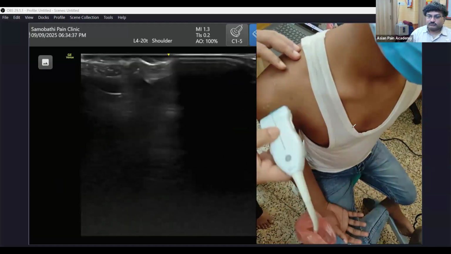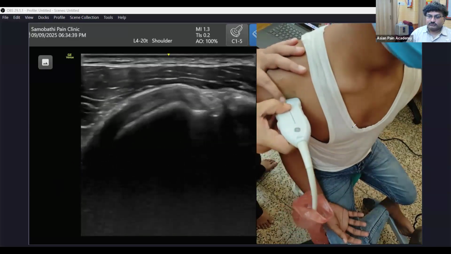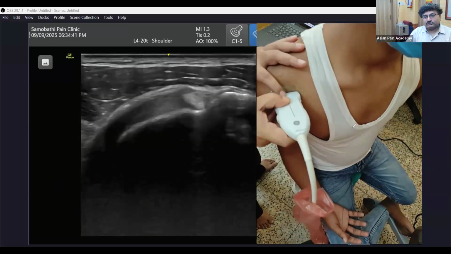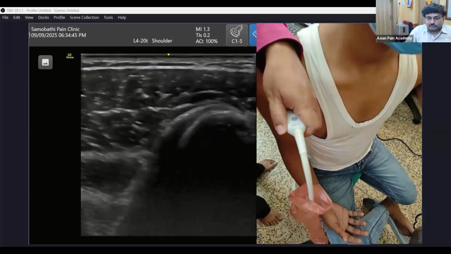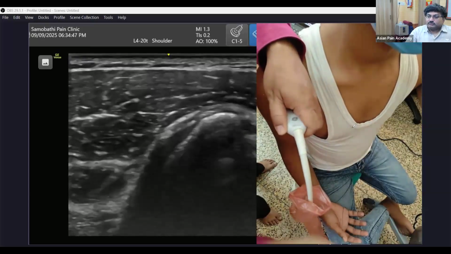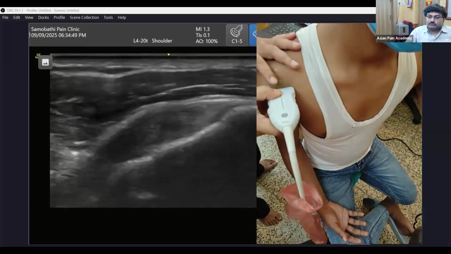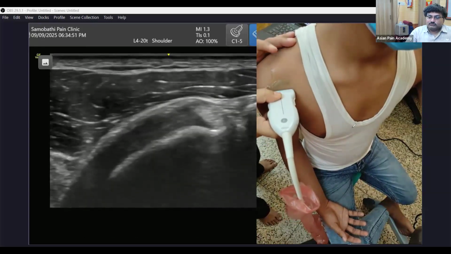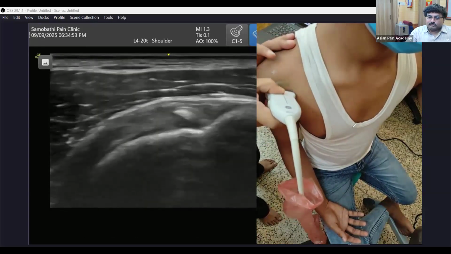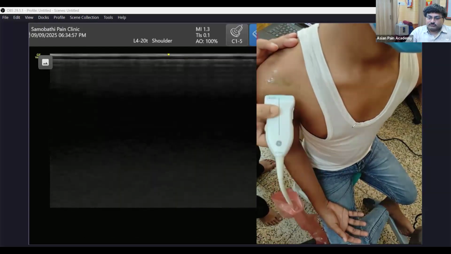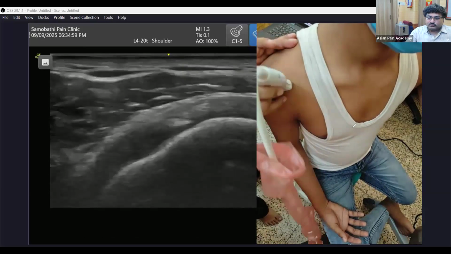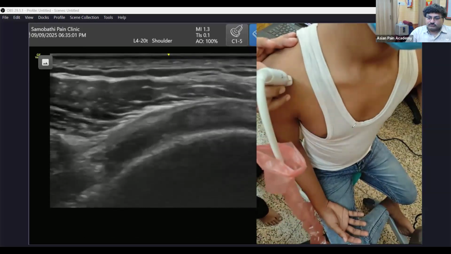Now let us see the structures a bit better. Okay, so I am decreasing the depth. So this is the first step, this is the second step, and this is the third step. The third step is just coming up and doing like this.